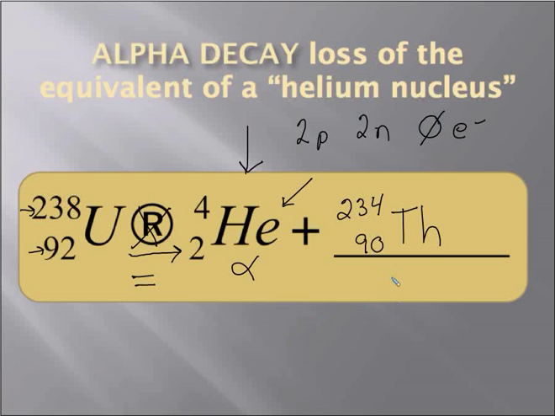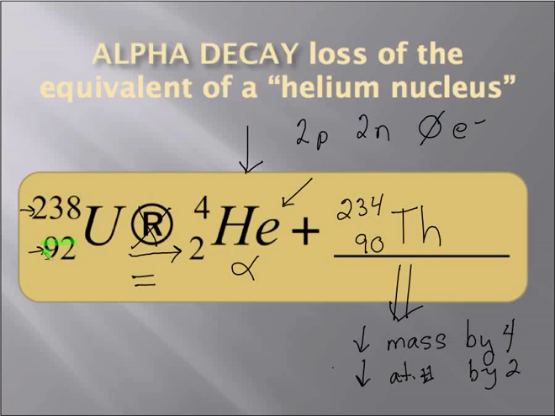Now, you notice on this that the resulting isotope, nuclide here, has a decreased mass relative to what it was. So from what it was to what it became, it's decreased the mass by 4, and it's decreased my atomic number by 2.